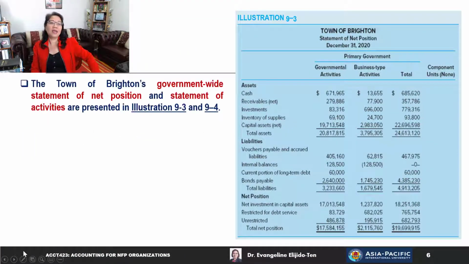Okay. Now, the Town of Brighton's government-wide statement of net position and the statement of activities are presented in illustrations 9-3 and 9-4. What we are shown in this slide is illustration 9-3, the statement of net position for the Town of Brighton.